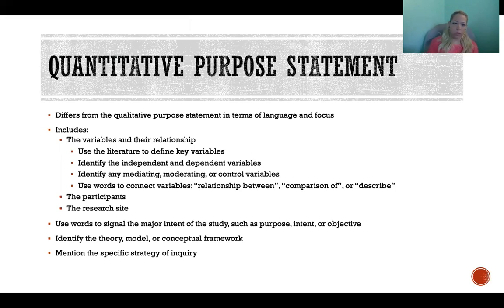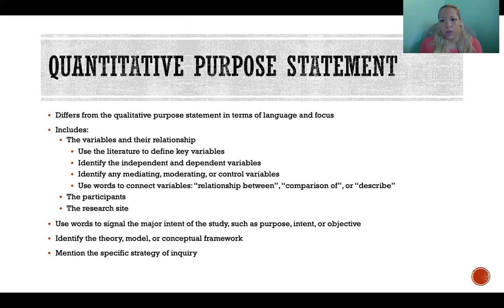So just like with qualitative, you'll use specific words to signal the intent of the study. So again, like purpose, intent, objective. And you might identify a theory or model or conceptual framework that you are using to guide your study.